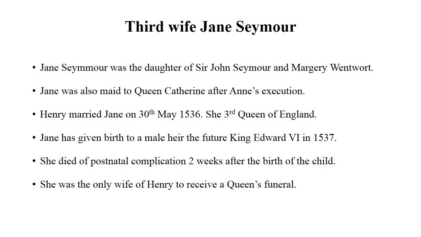She was the only wife of Henry to receive a queen's funeral. Catherine of Aragon, though she was married in a proper manner, was not given a queen's funeral. Anne committed adultery, so she was executed. Only Jane received the queen's funeral.